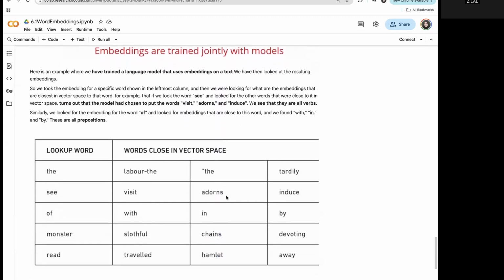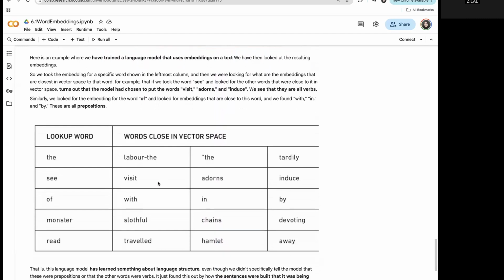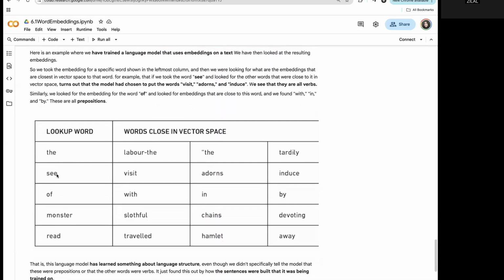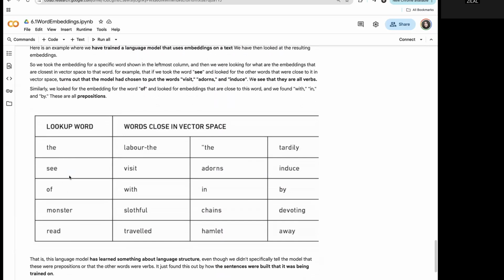Here is an example where we have trained a language model that uses embeddings on a text. We have then looked at the resulting embeddings. So we took the embedding for a specific word shown in the leftmost column here, and then we looked for which embeddings are closest in vector space to that word.